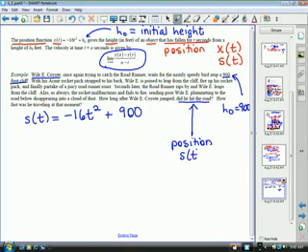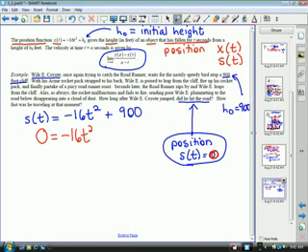S of t, right? So S of t is 0. That's his position. So how am I going to figure out how much time it took for him to hit the ground? What am I going to do with this number? Substitute 0 where? S of t.